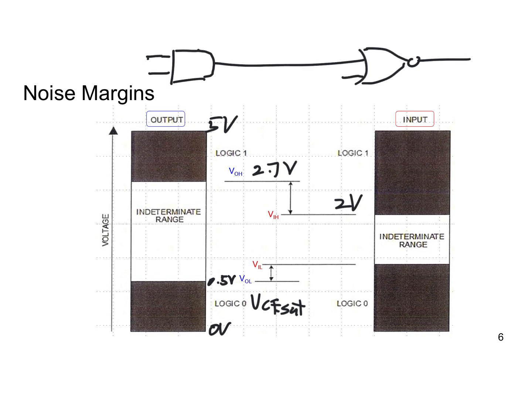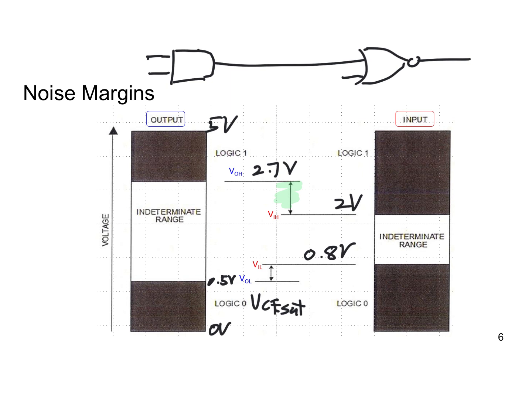That difference right here is the noise margin. And likewise, VIL is 0.8. So the manufacturer is saying, worst case, my gate will put out 0.5 volts, right?